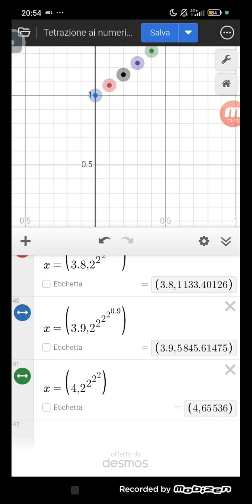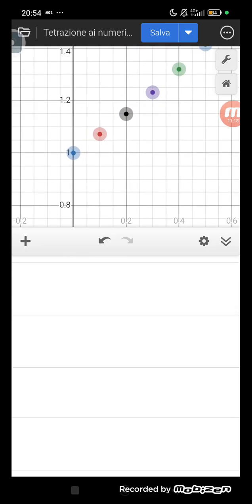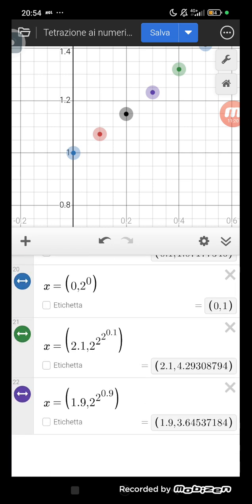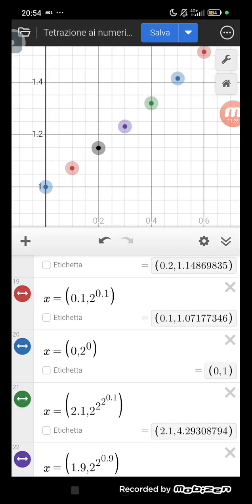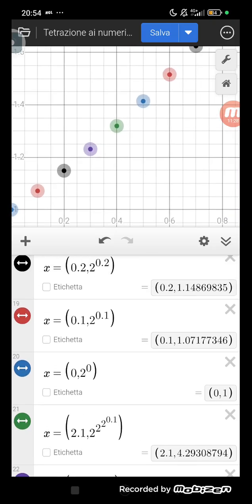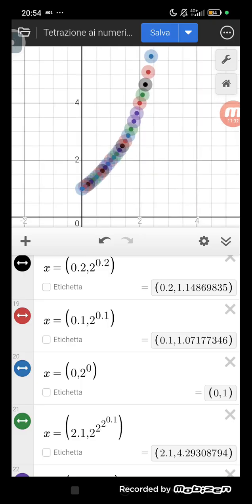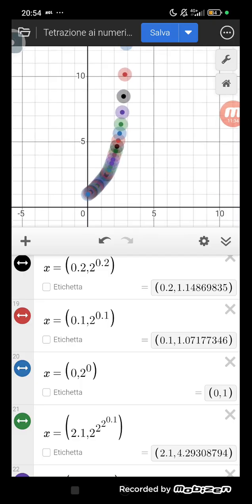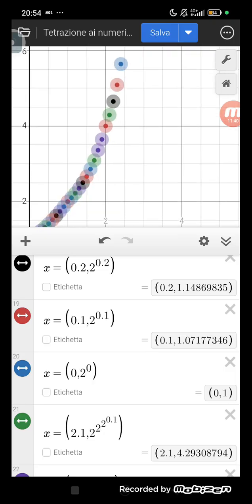We have all the values here. This is 1.07 and so on.